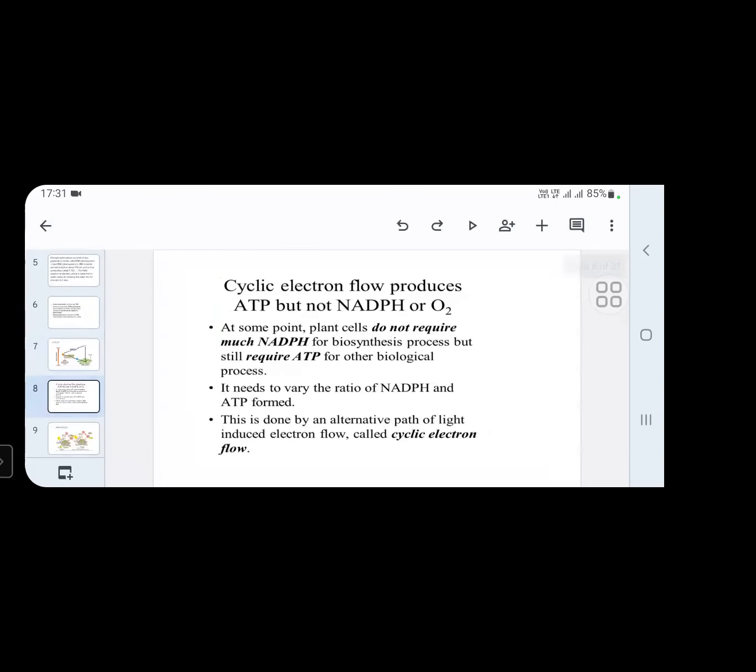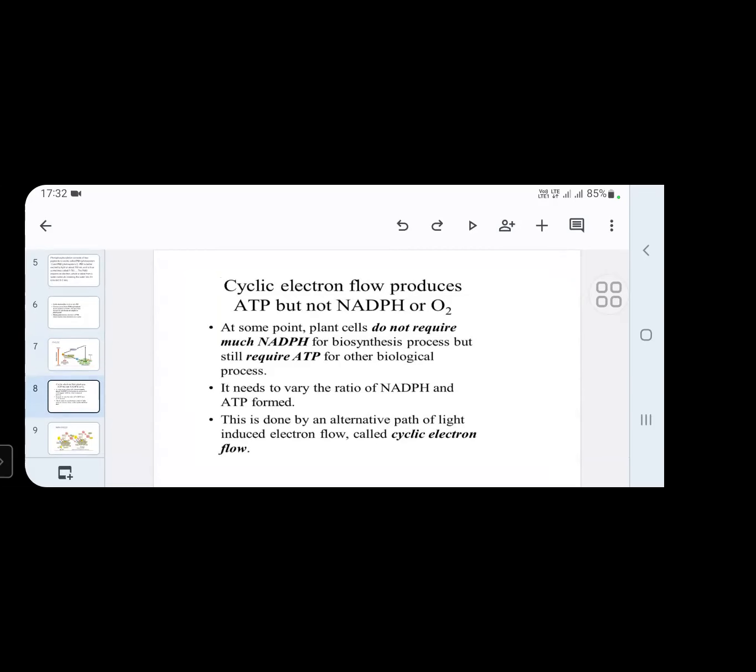You can observe here that cyclic electron flow produces ATP but not NADPH, and no oxygen is released in this cycle. At some point the plant cells do not require much NADPH for biosynthesis processes, but still require ATP for other biological processes. So it needs to vary the ratio of NADPH and ATP formed.